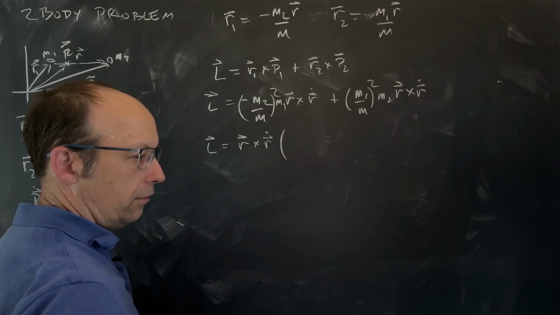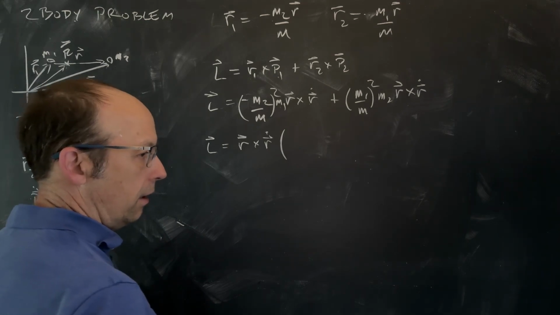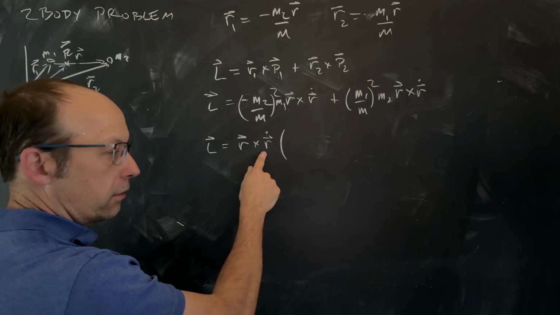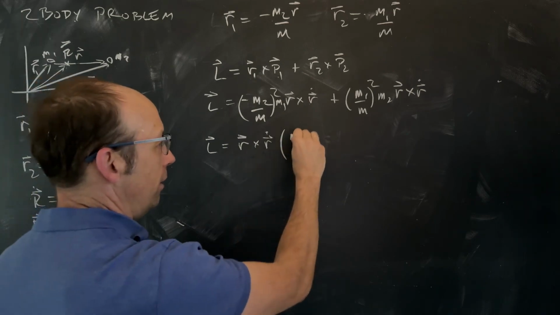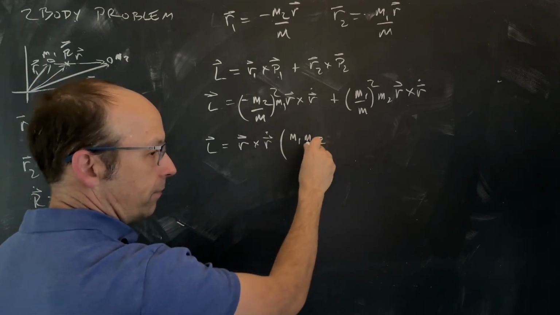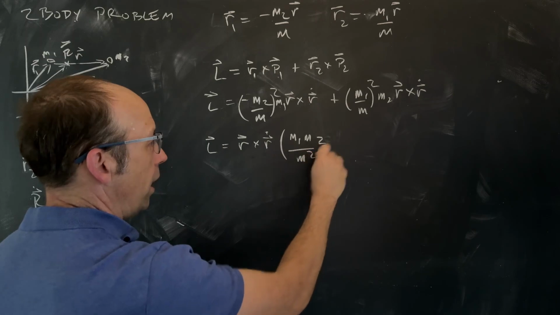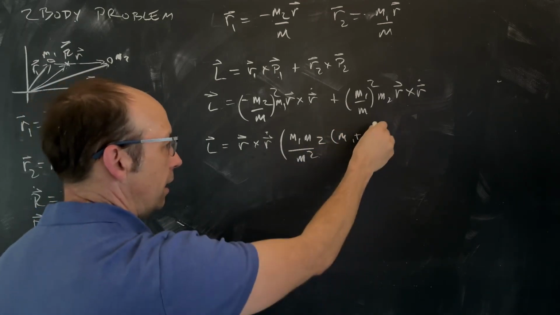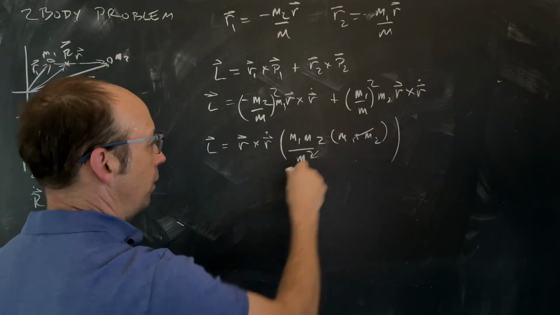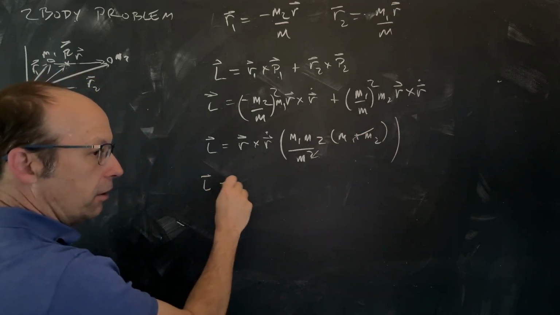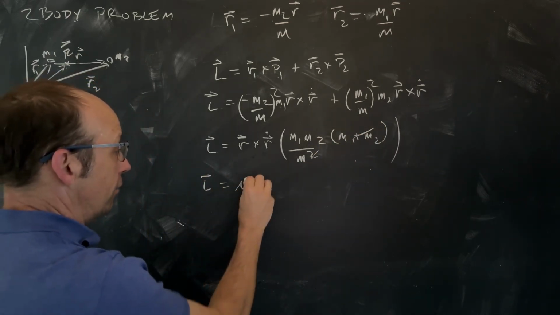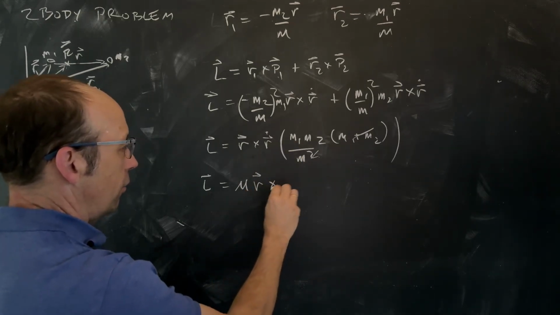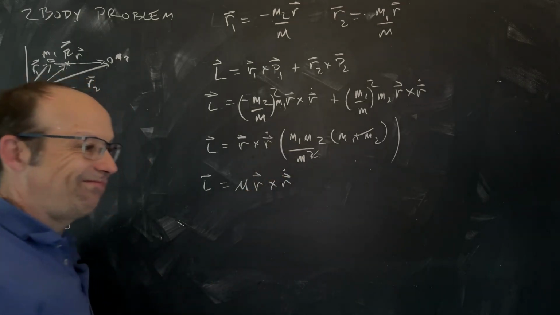Okay, here it is. I get m1 m2 over m squared times m1 plus m2. That's right, and then that cancels one of those. So I get the angular momentum is actually really nice. It looks like this: mu, remember that's my reduced mass, r cross r dot.